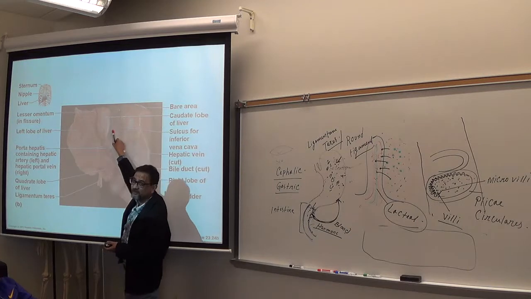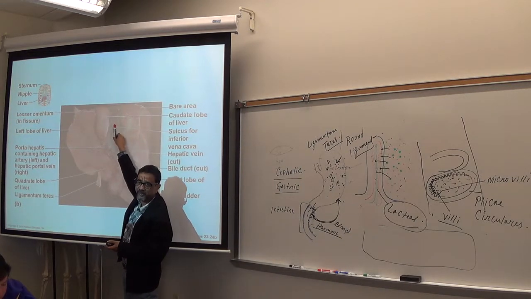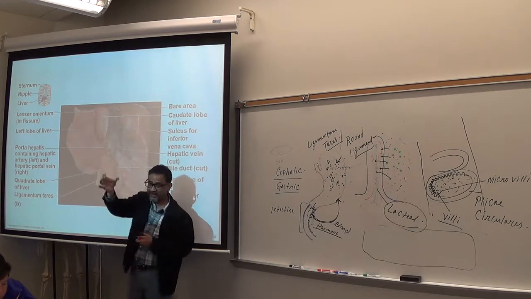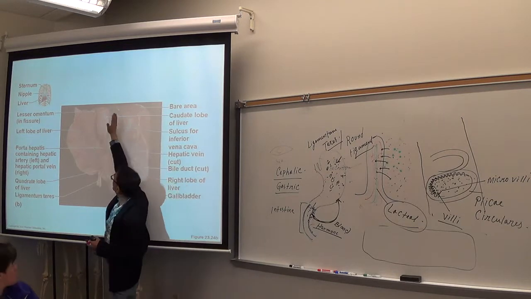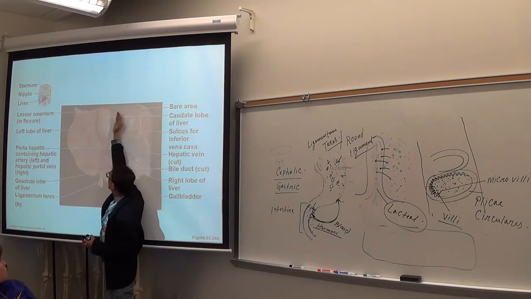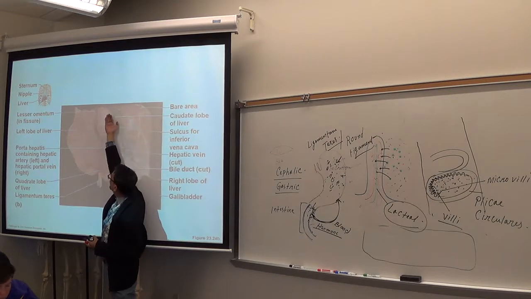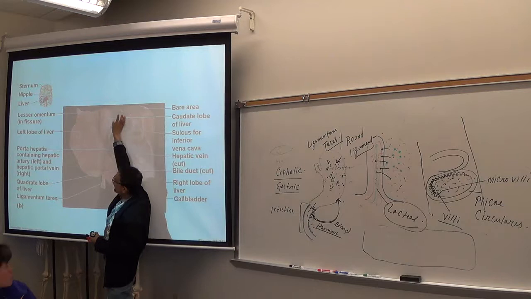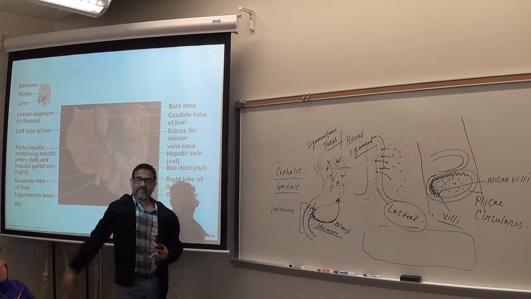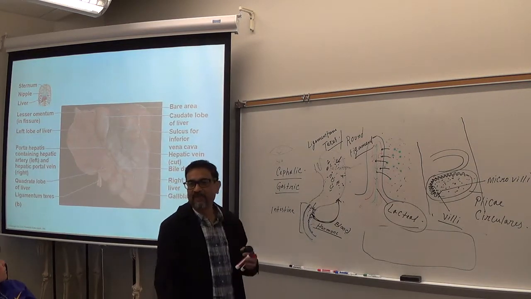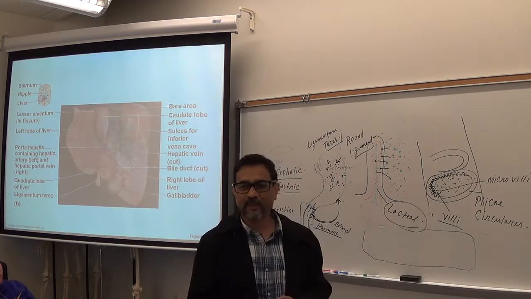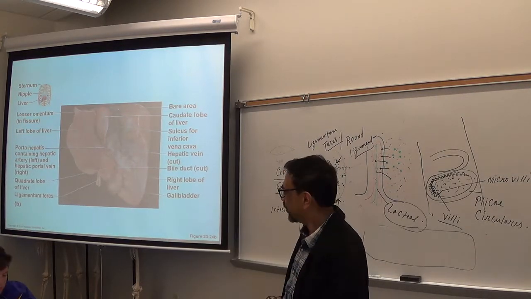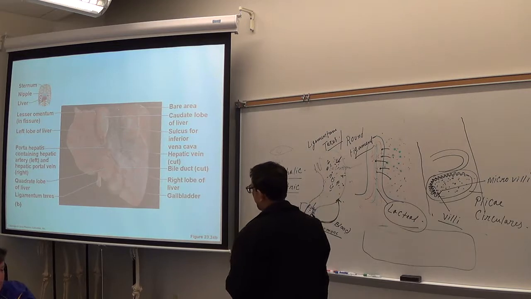Here you have the inferior vena cava, the largest vein. It fits here, in a big groove, a depression like this. So the inferior vena cava is attached here. If you see that groove or the inferior vena cava, next to it is the caudate lobe. Okay? So those are the other lobes.